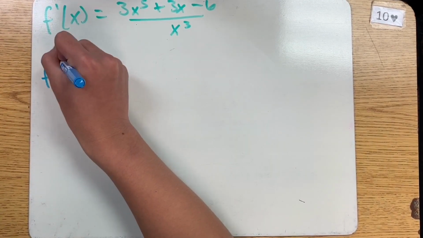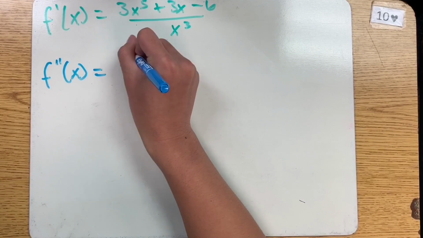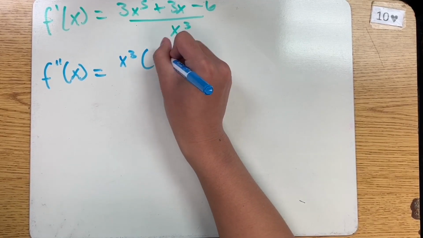Next, we're going to take the second derivative, again using the quotient rule and then simplifying.